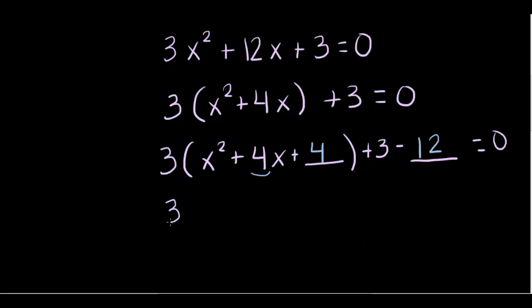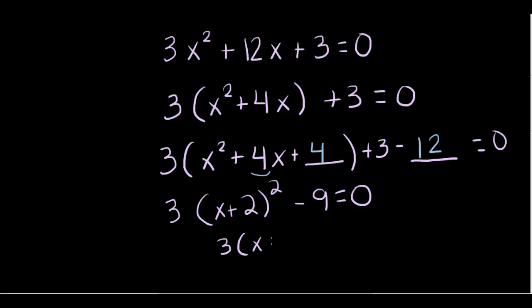So we'll have 3. We're going to factor the perfect square trinomial. It's going to be x plus 2 squared. 3 minus 12 is negative 9 equals 0. So then we will have 3 times x plus 2 squared equals 9.